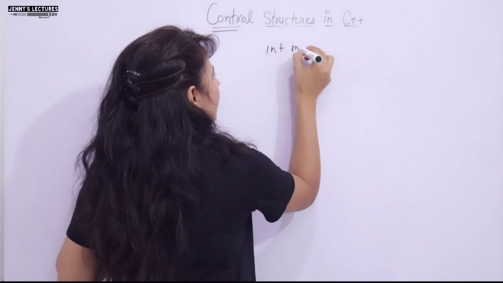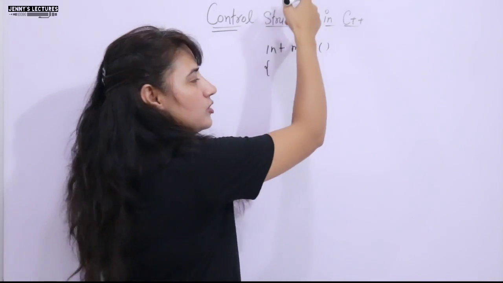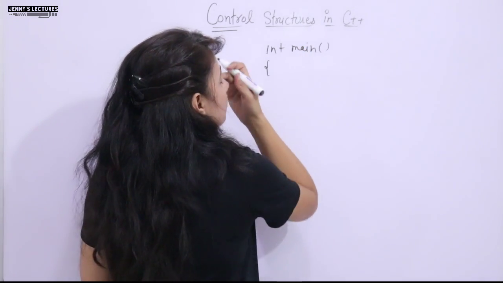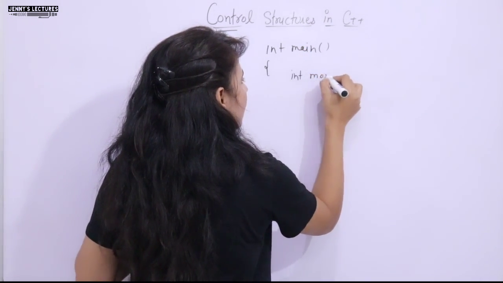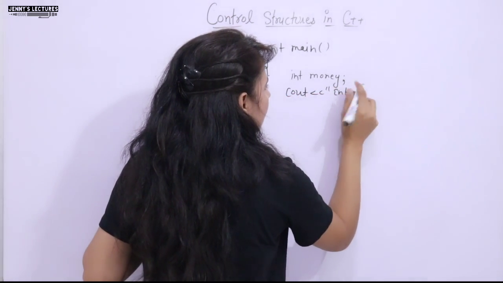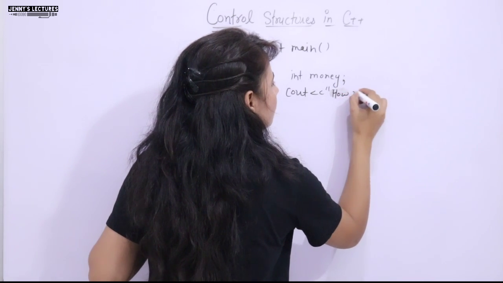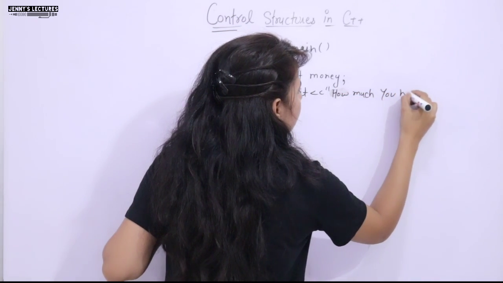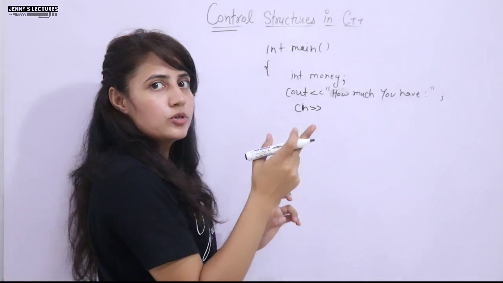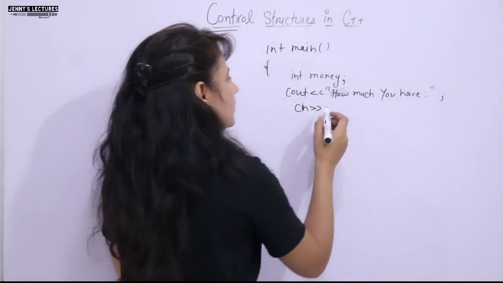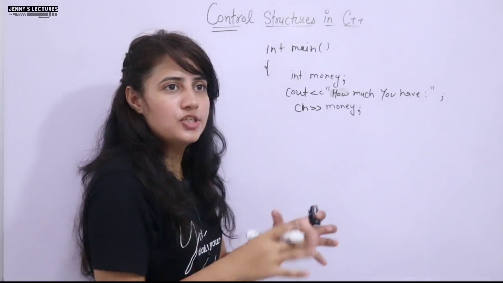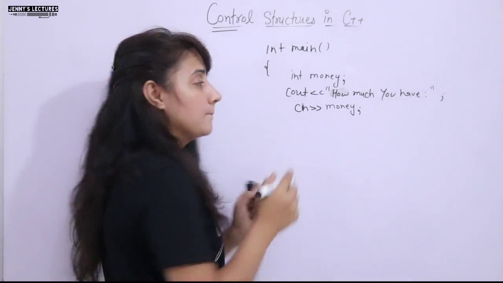I'm taking main and just writing. I hope you can write the header file hash include iostream and using namespace std, these 2 things by default, right? Now int money, then simply we will enter, or you can say how much you have, right? Then cin, this is input output: how to take input using cin, how to print output using cout. Then money. Now we will check the condition, you check your pocket, how much money you have.